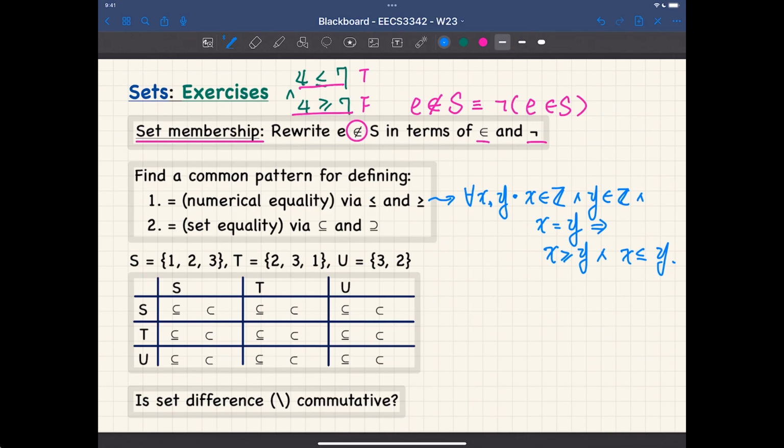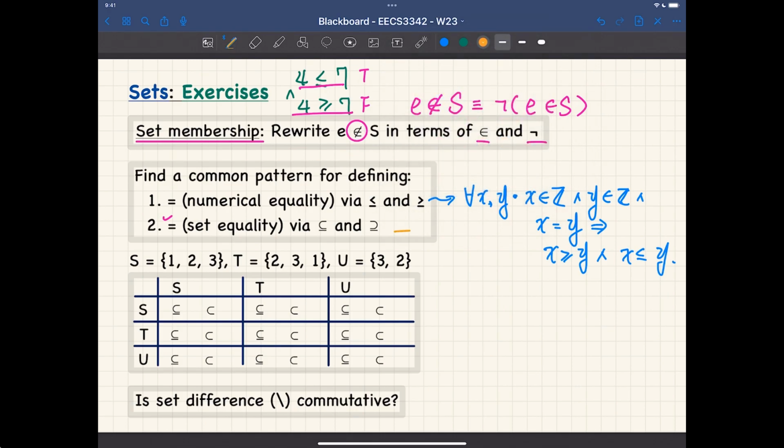And how do you use this pattern here also for set equality? What you got to do, using the same pattern over here, is x and y, rather than using just integers, they can be sets. Okay, let me write it down here.